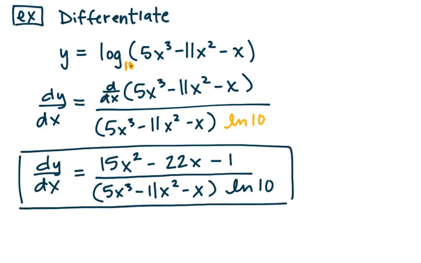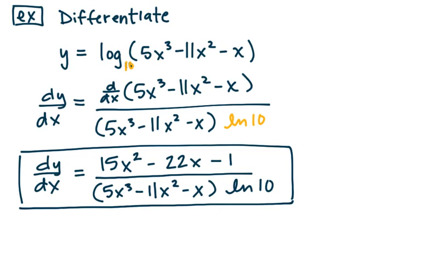If we had started this problem with natural log, we would not have this natural log 10 here. But if we're dealing with any base other than e, we're always going to divide by natural log of the base. All right?